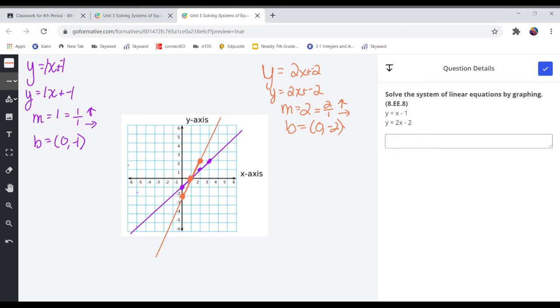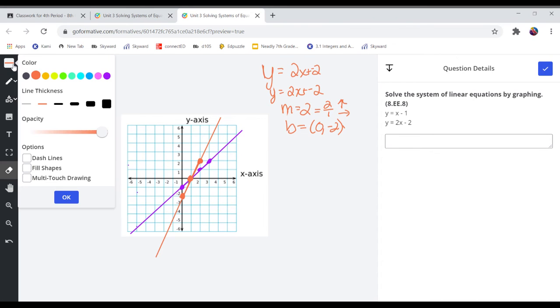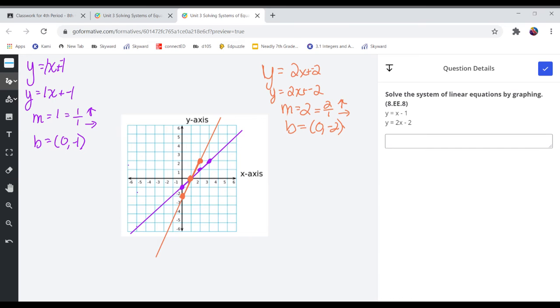And I know that my answer is going to be at 1, 0. Oh, hold on. Let me change the color of that. It's going to be at this point right here. So the answer is 1, 0.